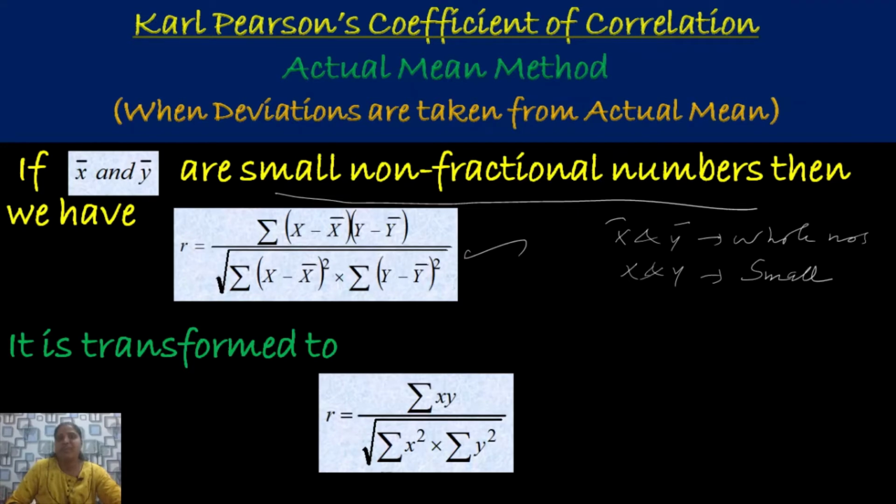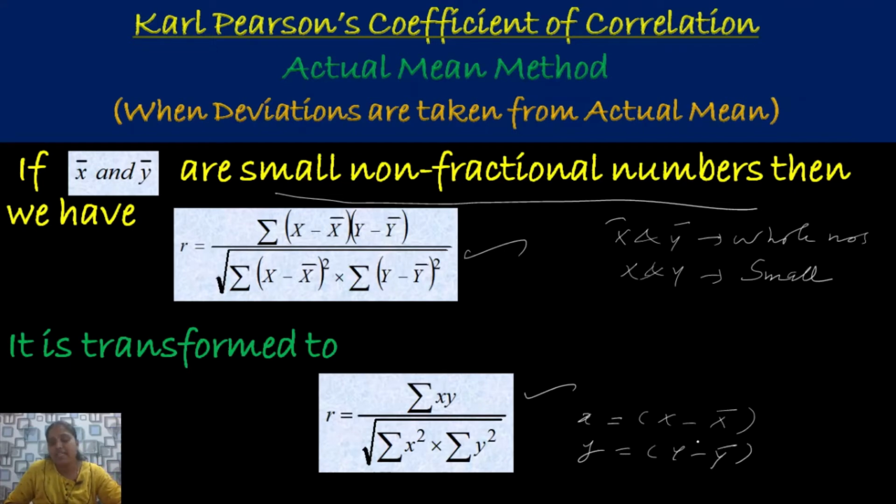Simplifying this, we get r is equal to sigma xy over under root sigma x square, sigma y square. Here your x is x minus x bar and y is y minus y bar.